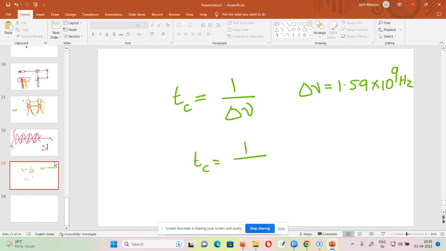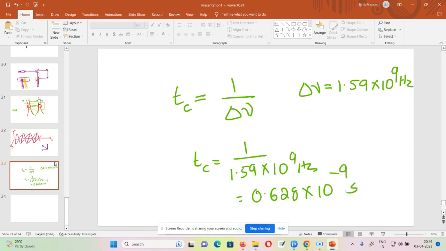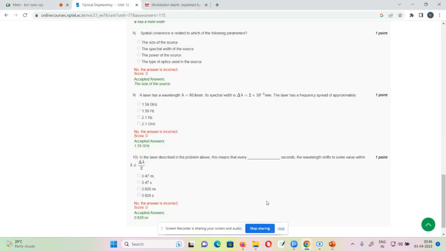So Tc will be 1 by 1.59 into 10 raised to 9 hertz. That's 0.628 into 10 raised to minus 9 second. 10 raised to minus 9 is a nanosecond, so you get 0.628 nanosecond.